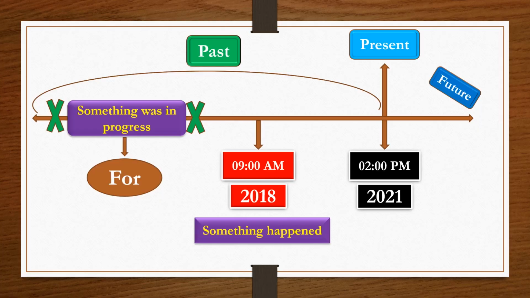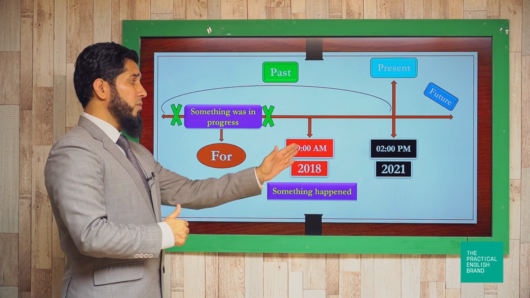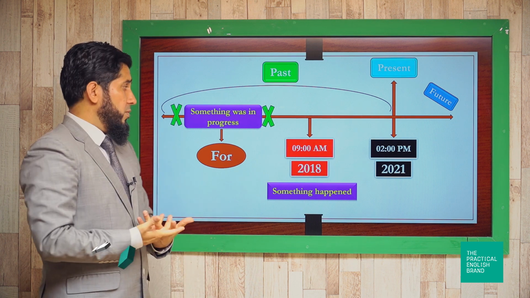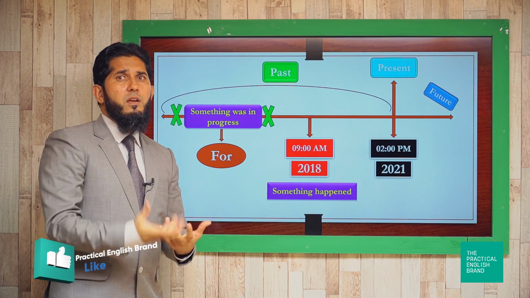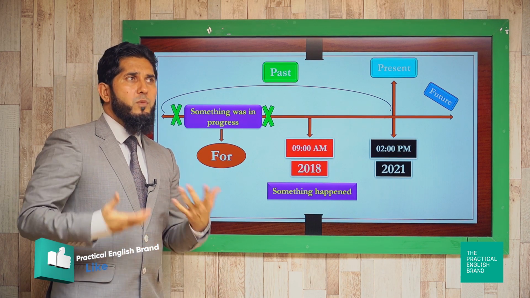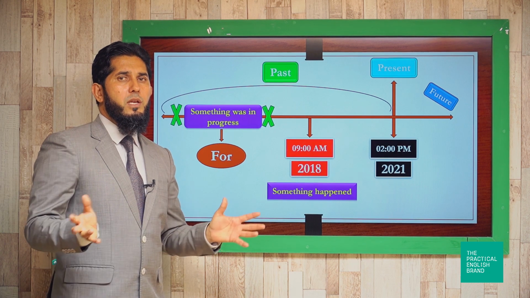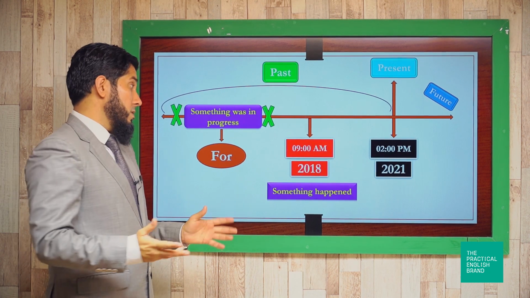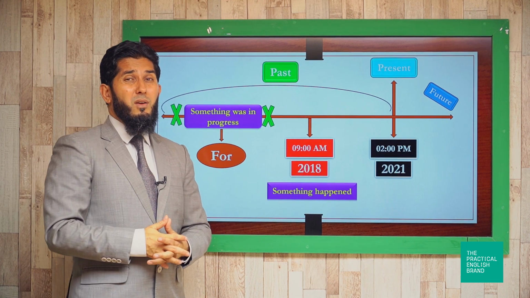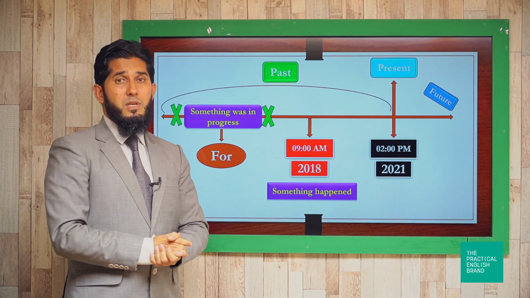Now the current time is 2 p.m. and we talk about the duration of an action that started and finished before this specific time. Or for example, you can say we'd been living in India or we'd been living in Pakistan for 10 years before we came back to our country. Or for example, you can say we'd been living in India for 3 years before 2018.